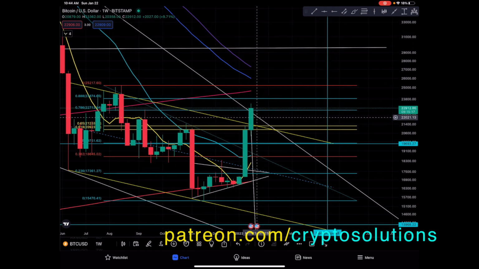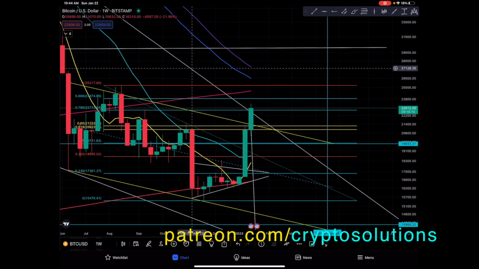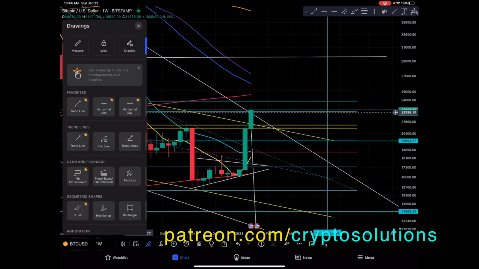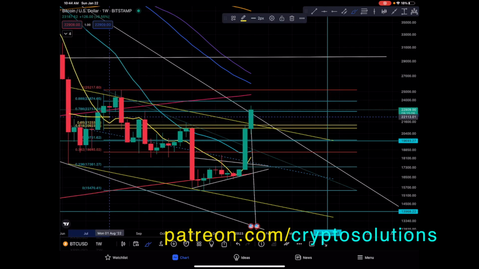at least 2 weekly body candle closes above this resistance in the falling wedge, and also in the Fibonacci retracement right here, the 0.786 Fibonacci retracement around $22,713.94.